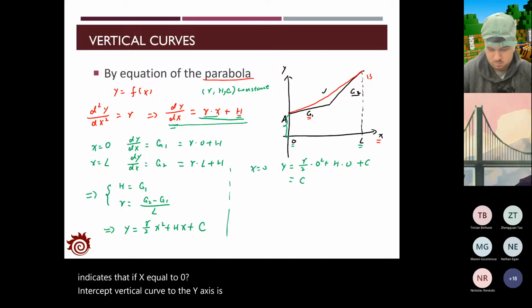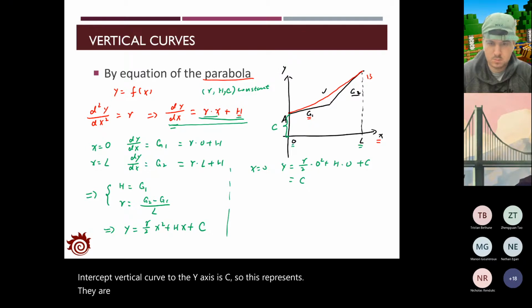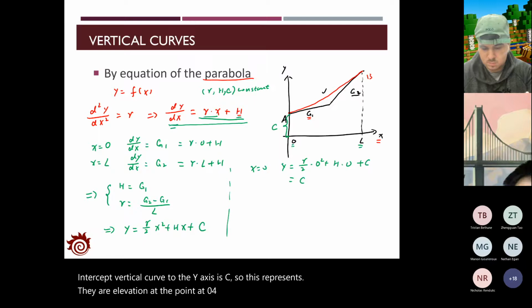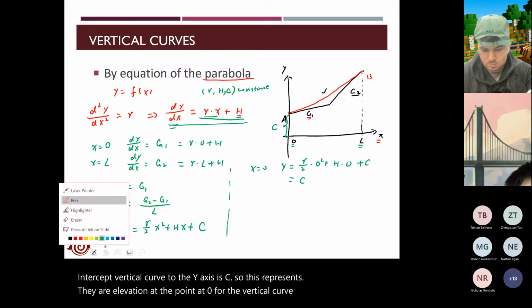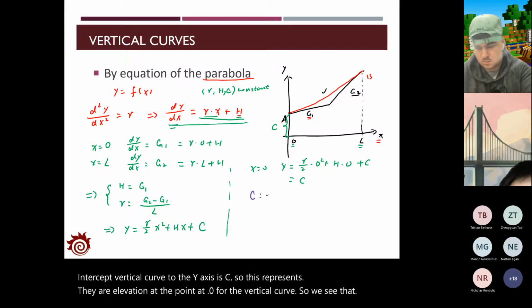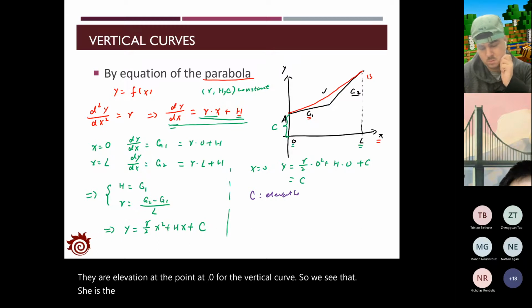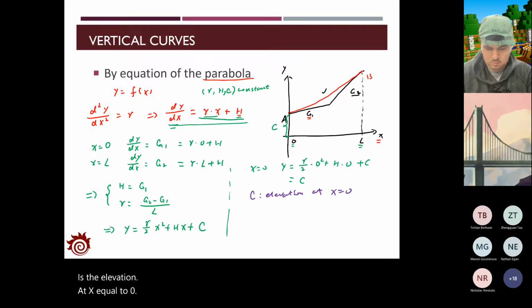So this represents the elevation at point 0 for the vertical curve. So we say that C is the elevation at x equal to 0.